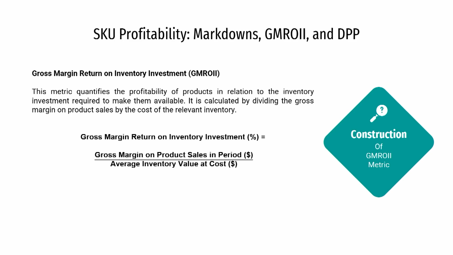So, if I calculate it in terms of percentage, then in the numerator we will have the gross margin on product sales in a period divided by the average inventory value in that particular period of time. As far as inferences from this metric are concerned, it gives you the profitability level for that particular product or for that particular brand.